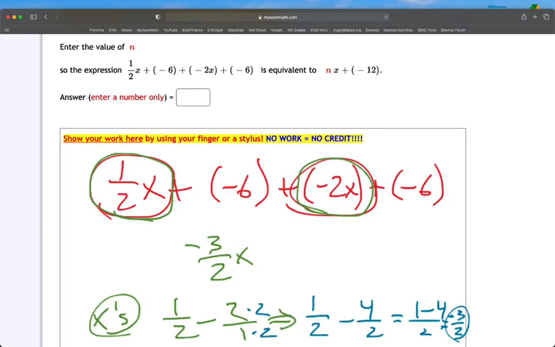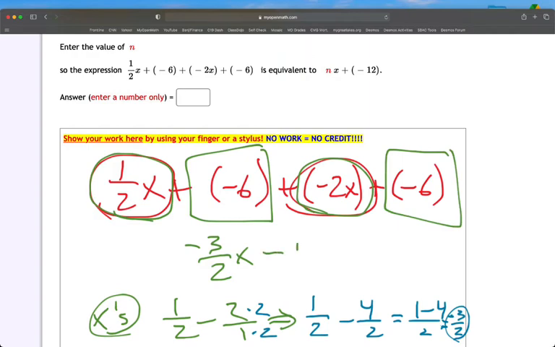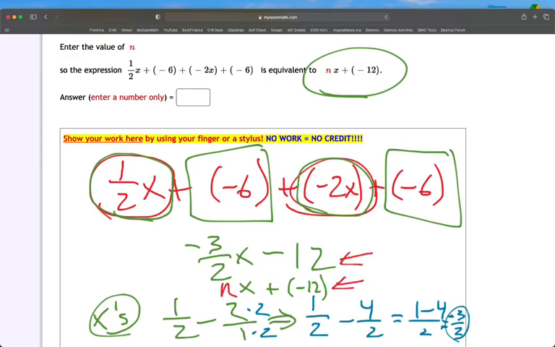And then as far as the constants go, I have a negative 6 and another negative 6 that I'm combining with that. Altogether, that makes 12 negatives and 0 positives. And so if we take this part right here, and I'm just going to try and squeeze it in down below here, and grab my red n, we can see that these two values right here are equivalent to each other.